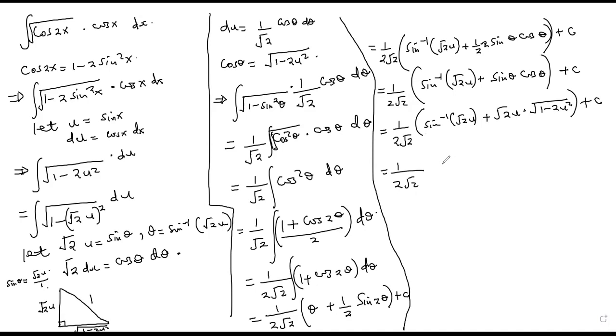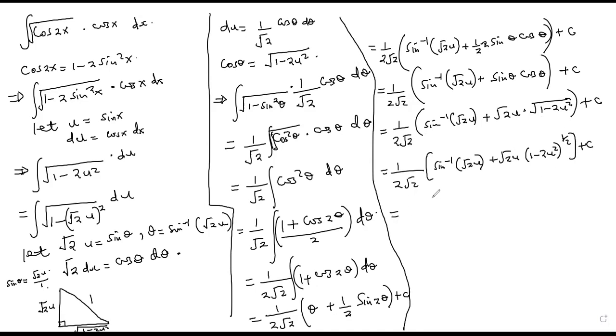Then here we will say sine inverse of root 2u plus root 2u times 1 minus 2u squared to the power a half. Then, of course, plus the constant of integration.